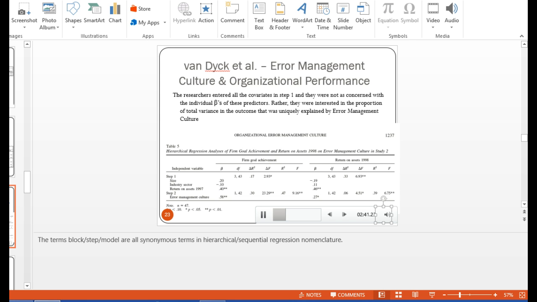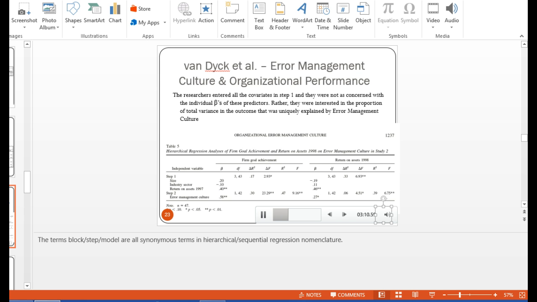And so training people to behave this way has been very helpful, as the study showed, specifically impacting a couple of DVs. The first one was firm goal achievement, or did the organization meet its objectives? And second, return on assets in the year after the intervention was implemented.